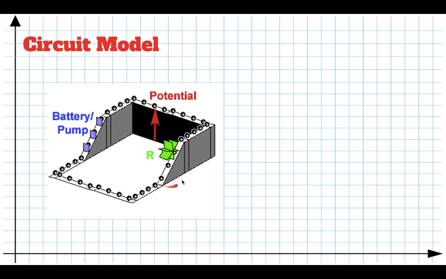This could be a flashlight, this could be a radio, this could be a motor. Who knows what it is that needs the energy, but we call it the load, and it has a certain resistance. It offers resistance to the flow. And so as the electrons go down the hill, they do work for us, and when they get to the bottom of the hill, they're now out of energy.